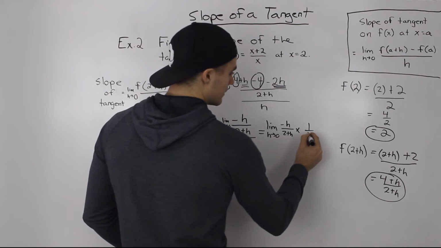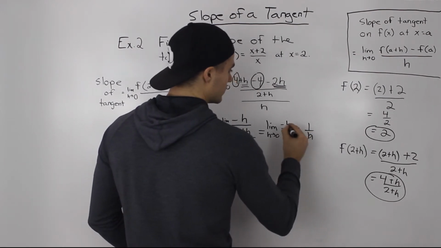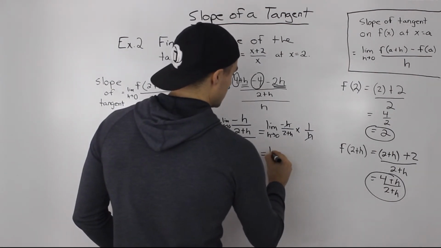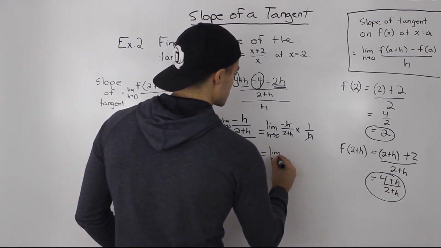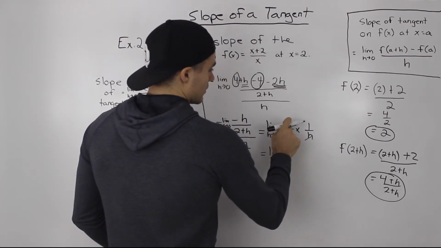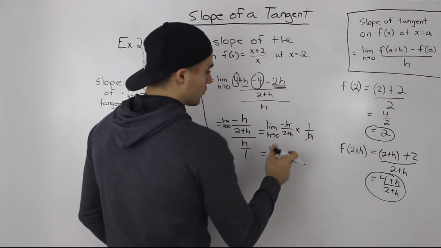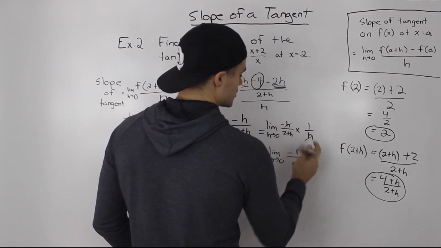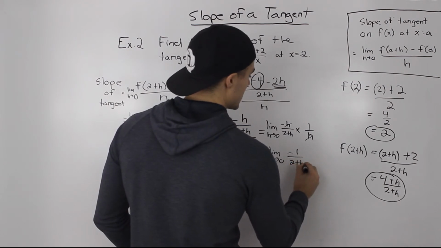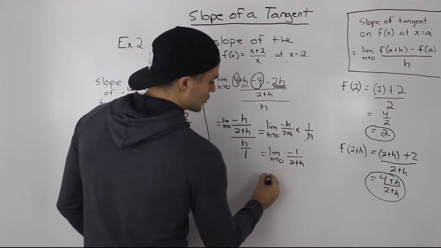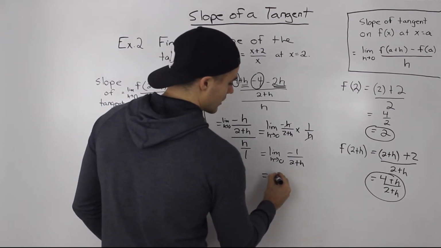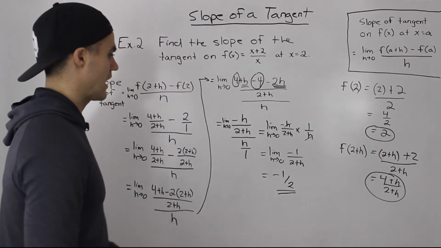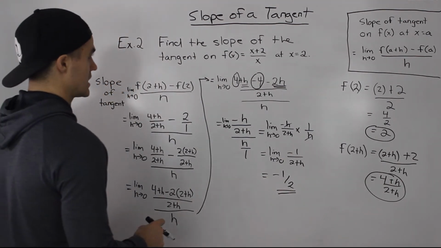And then notice how we could cancel out the h's there. So we'll end up with the limit as h goes to 0. The h's cancel out and we replace them with 1's. So negative 1 times 1 is just negative 1. And then 2 plus h times 1 ends up being 2 plus h. And then the limit as h goes to 0, we just plug in 0 for h and we're left with negative 1/2. So our final answer is negative 1/2.